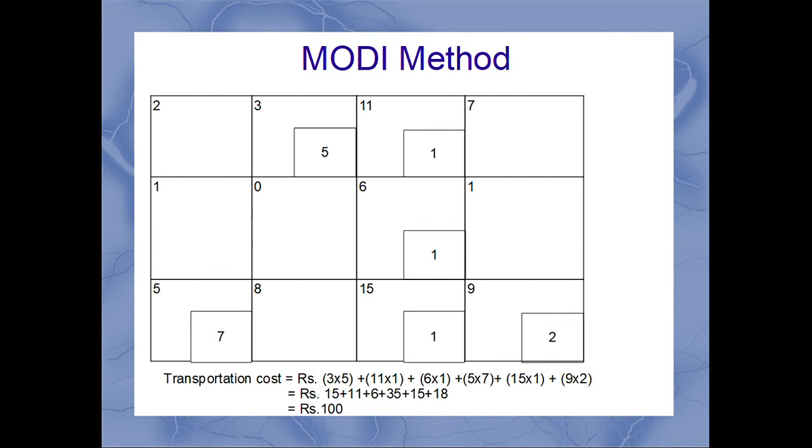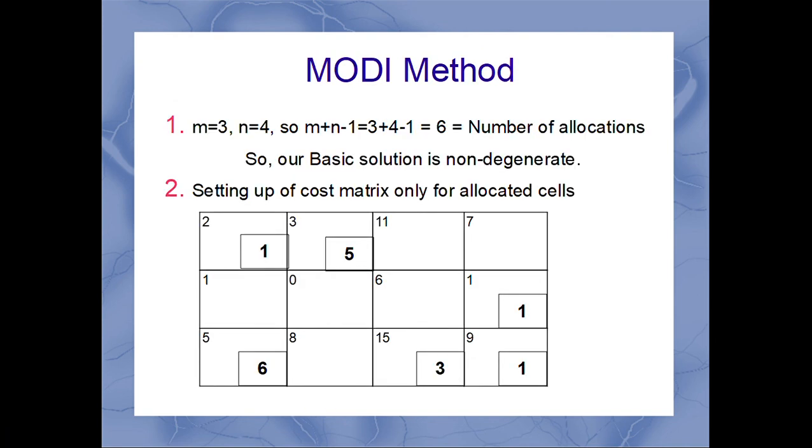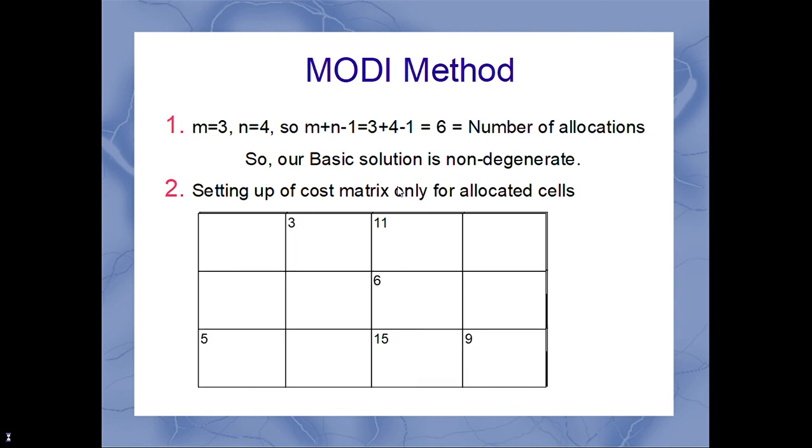For this solution also we have to check for optimality, right? Again we have to repeat from step 1 to step 5. Here m plus n minus 1 equal to the number of allocations, and we will take only the cost matrix for allocated cells.